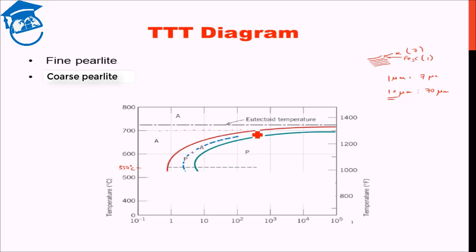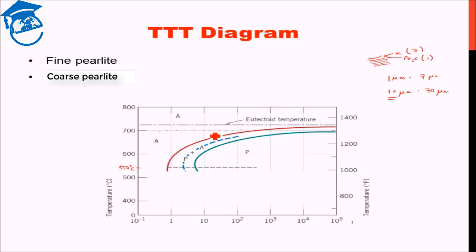But the number of nuclei formed is quite small because of low driving force. Thereby the number of nuclei formed will be less, but the possibility of diffusion is more.